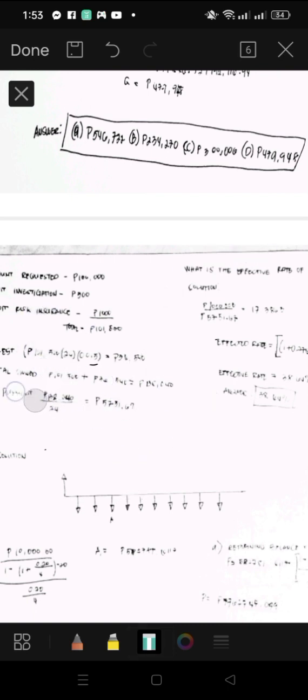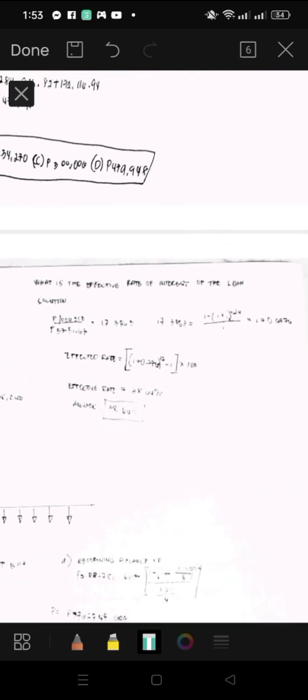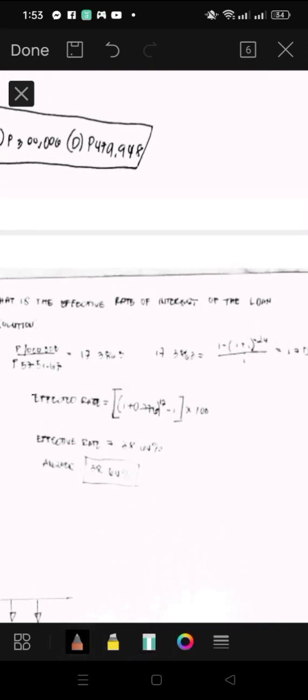So what is the effective rate of interest of the loan? So our solution is 100,000 over 5,751.67, which is equal to 17.3863.